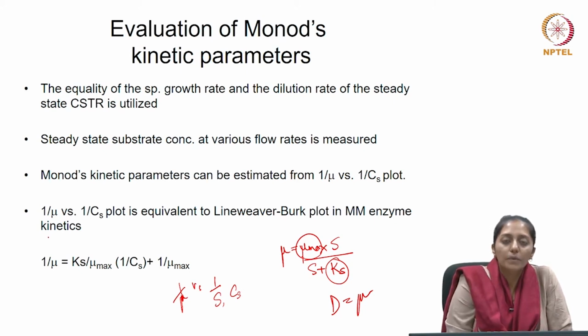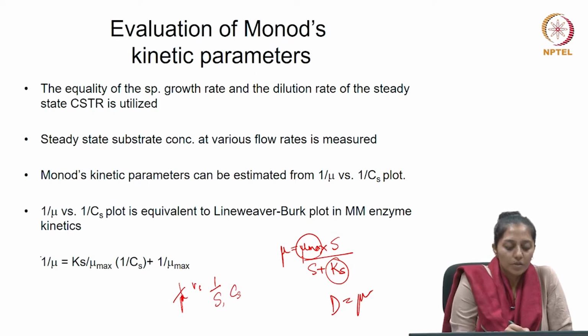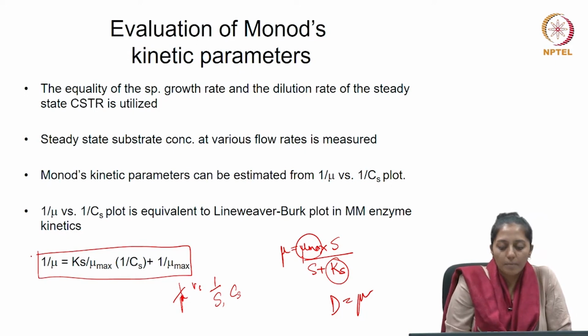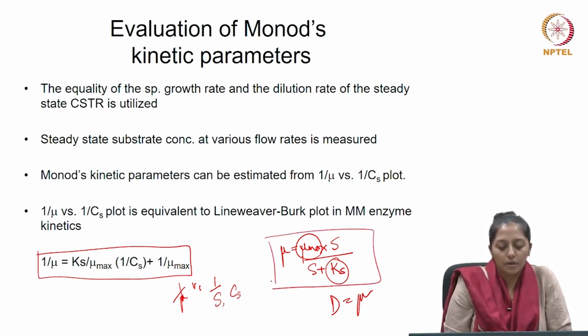So, 1 by mu versus 1 by Cs plot is equivalent to the Lineweaver-Burk plot in the Michaelis-Menten enzyme kinetics. So, you see 1 by mu versus 1 by S by the rearrangement of the Monod's model.